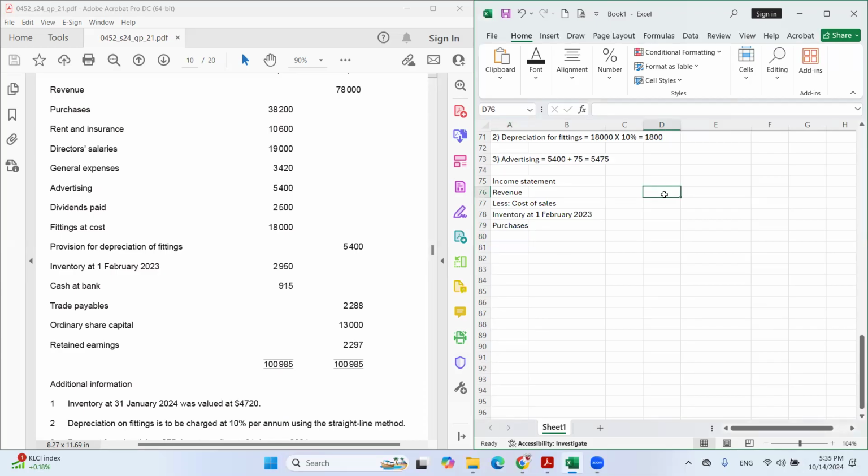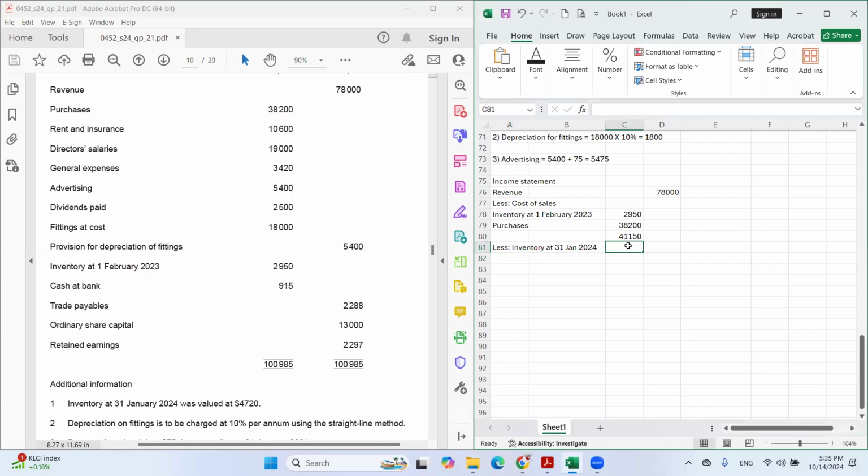Revenue is 78,000. Then opening inventory is 2,950. Purchases is 38,200. So these two add up. And then less closing inventory at 31st Jan 2024.